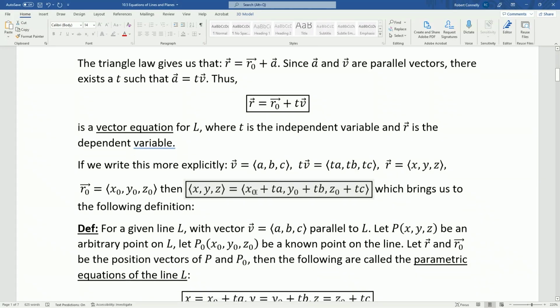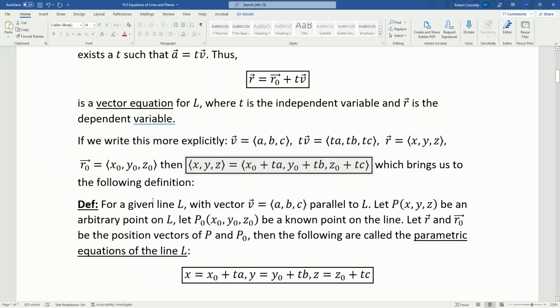So that brings us to the following definition. For a given line L with vector v, a, b, c, parallel to the line L, let P, x, y, z, be an arbitrary point on L, and P naught, x naught, y naught, z naught, be a known point on the line.